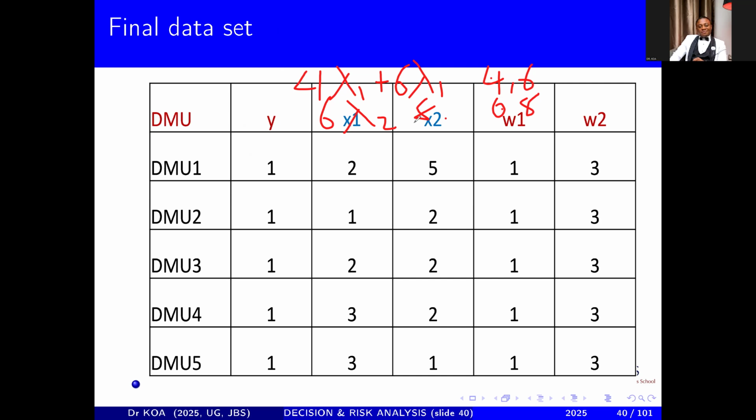I will be able to get a certain value. I can get this value, x1, if I add these together. But in the process of adding these together, I must understand that each one is weighted.